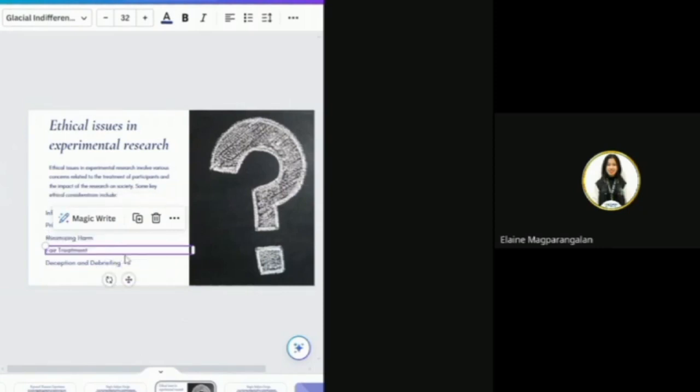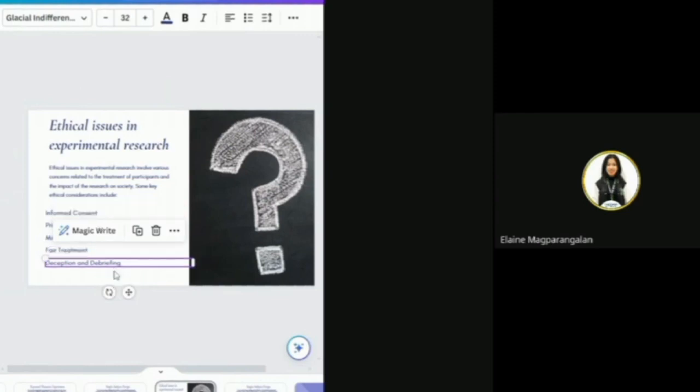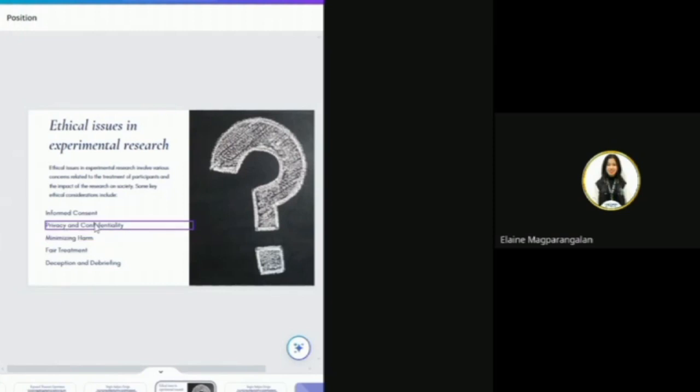The fourth one is fair treatment. The fifth one is deception and debriefing. Actually, we still have a lot of ethical issues in experimental research, but I have included only these because these are the important ethical issues that we need to watch out for.